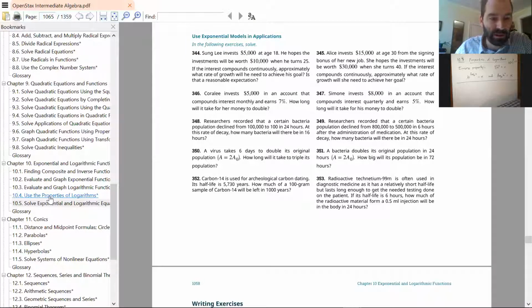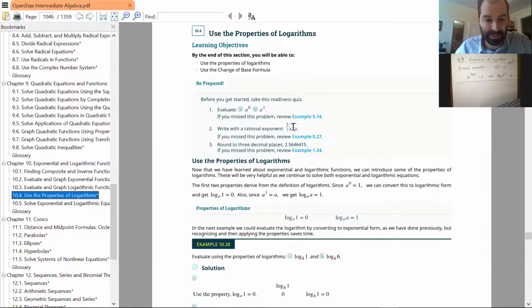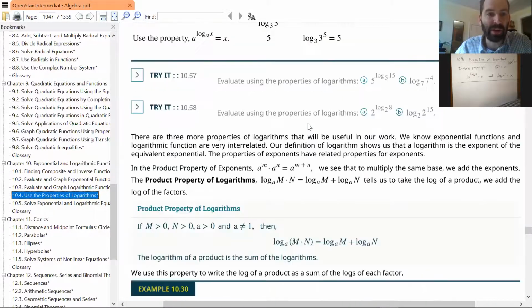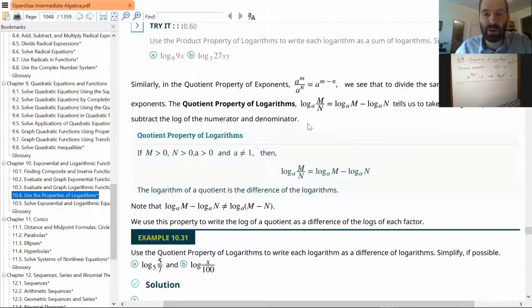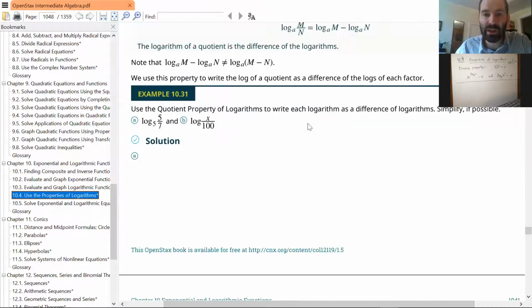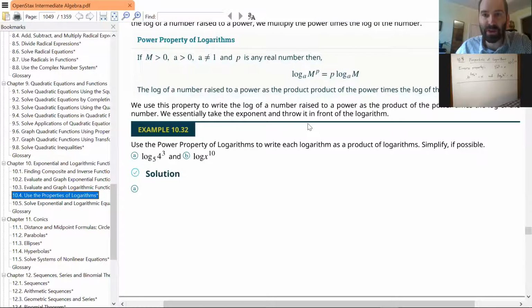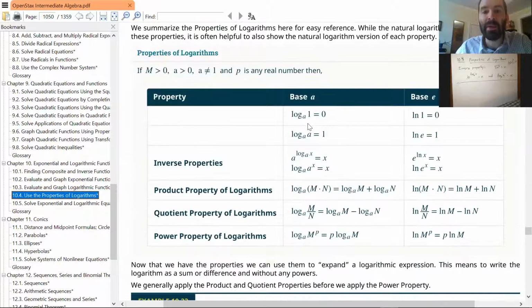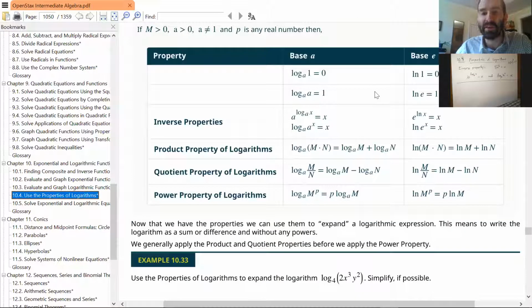I want to show you, it's worth pointing out anyway, that there's a nice little table here where they summarize all this. So here I am in chapter 10.4. Scrolling down, I saw some properties go by, like the power property. But after all those, we come to this. Look, they've summarized all the properties right here.